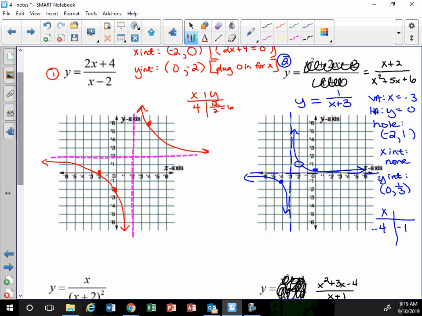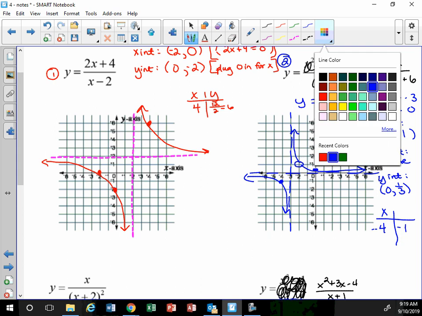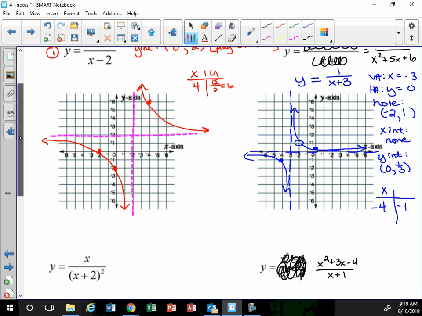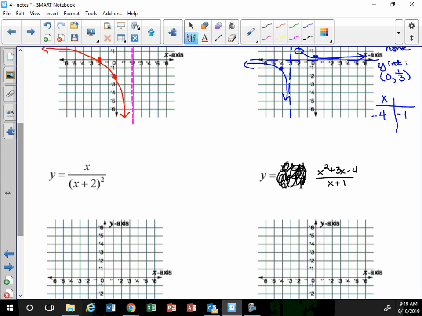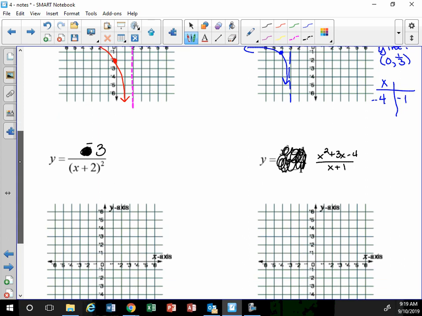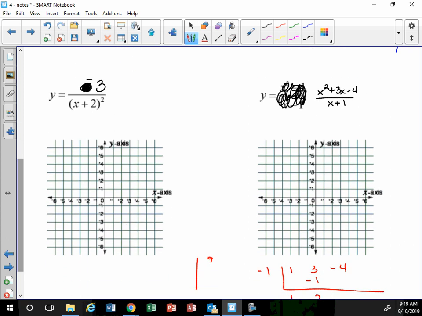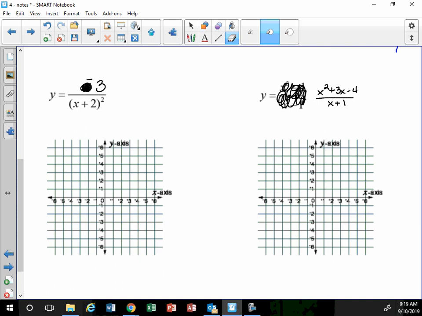All right. Let me give you a different one for the 3rd one here. I know that that looks like what we want to do, but I'm going to change it a little. Let's make it -3 over x plus 2 squared. So I want you guys to try to graph that one. Walk around and see how you're doing.